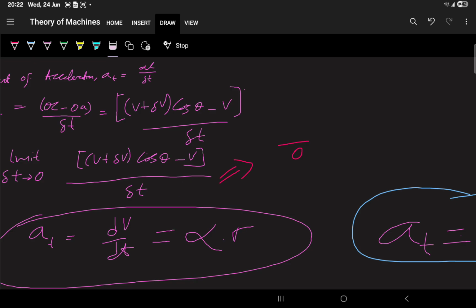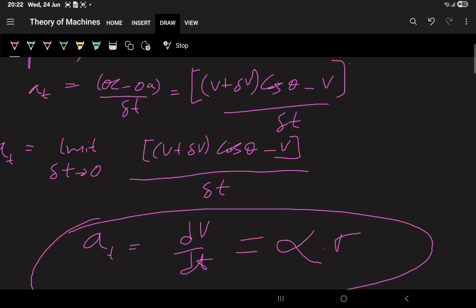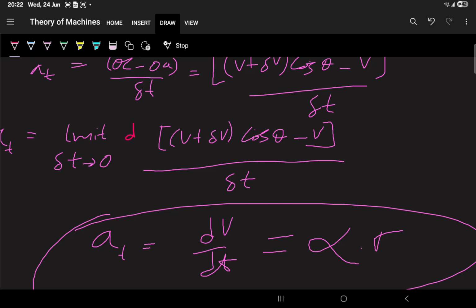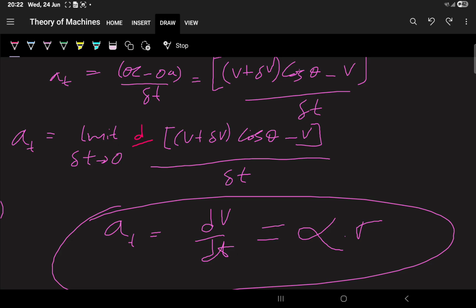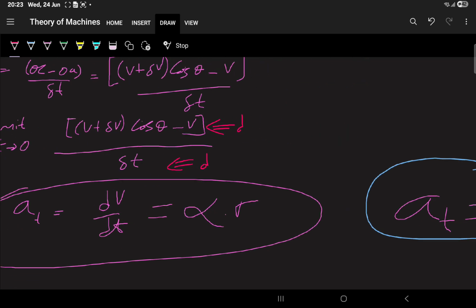To avoid that, we apply L'Hopital's rule, which tells us to take the derivative of the numerator and also the derivative of the denominator. Doing that, it will give us dv divided by dt.